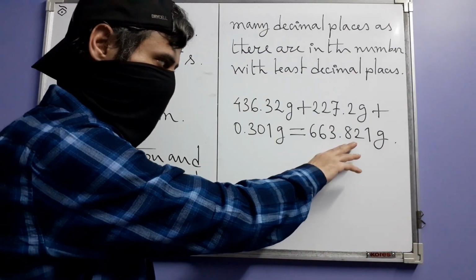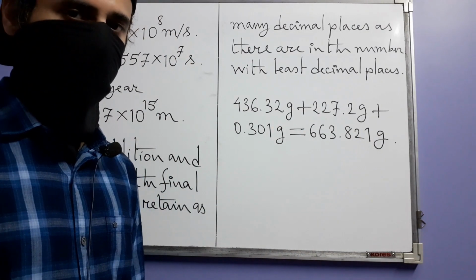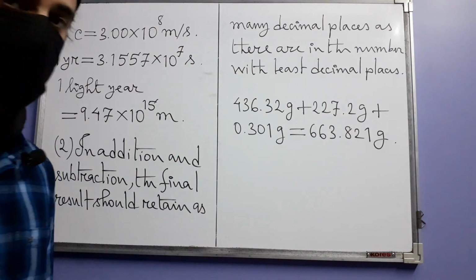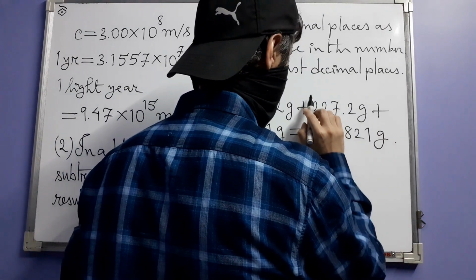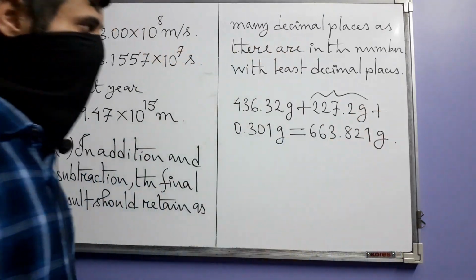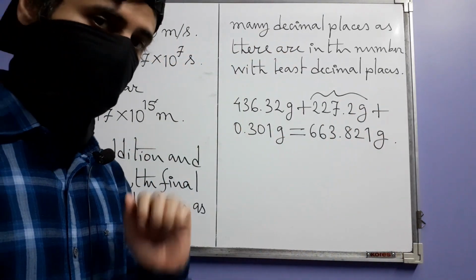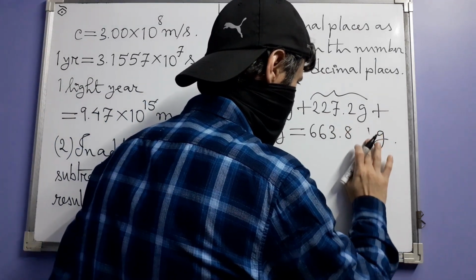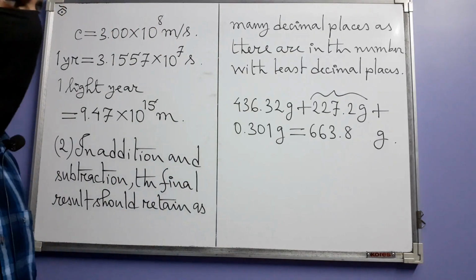So the final result should not be like this, because the number with the least decimal places is this number. So that many decimal digits only we have to use. So we will simply not consider the other two digits.